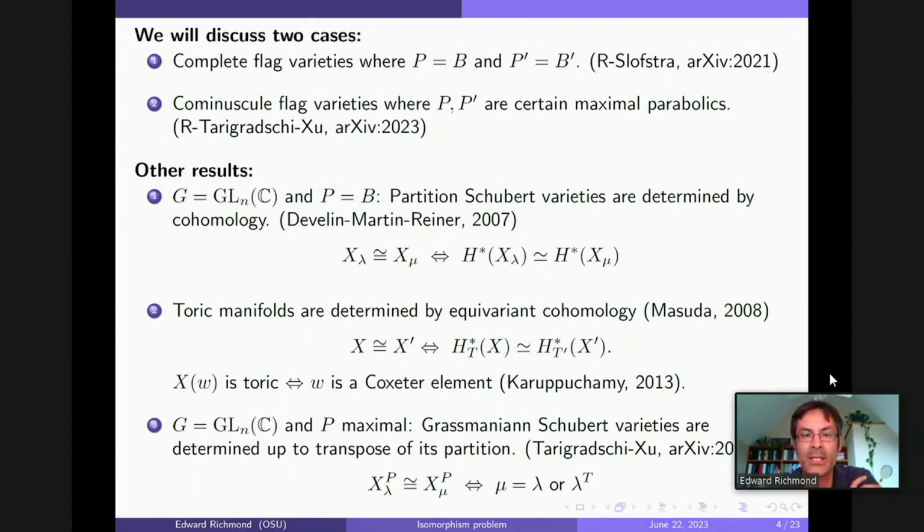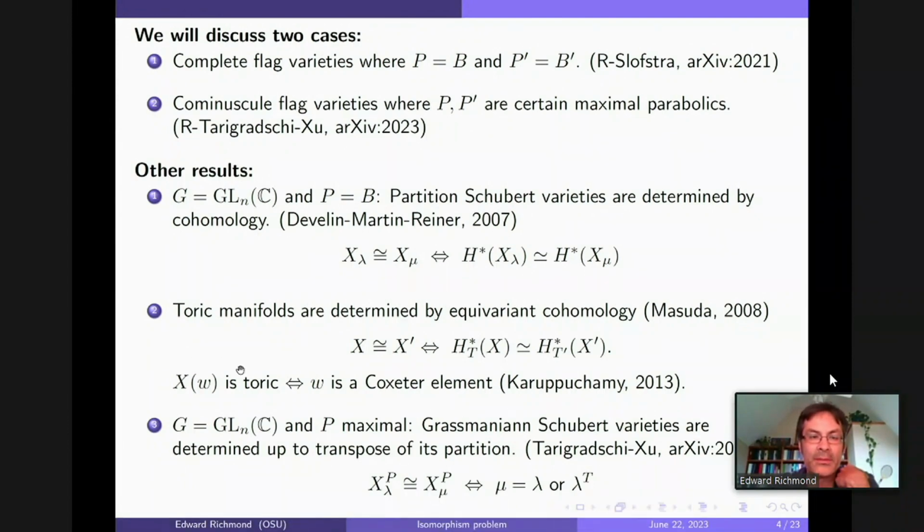They're a certain class of smooth Schubert varieties, and they were able to prove for this class that Schubert varieties were isomorphic if and only if their cohomology rings were ring isomorphic. So this is a very nice result. This is probably the earliest result I could find that gave a serious look at this problem of isomorphisms.